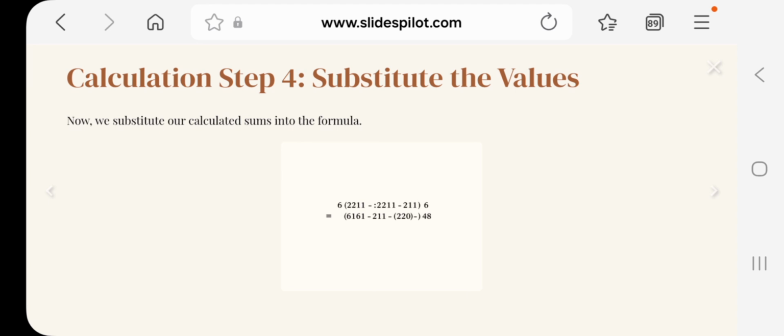So we can get rid of these numbers. 6 times 211 is 1266. And 21 times 48, that's 1008.